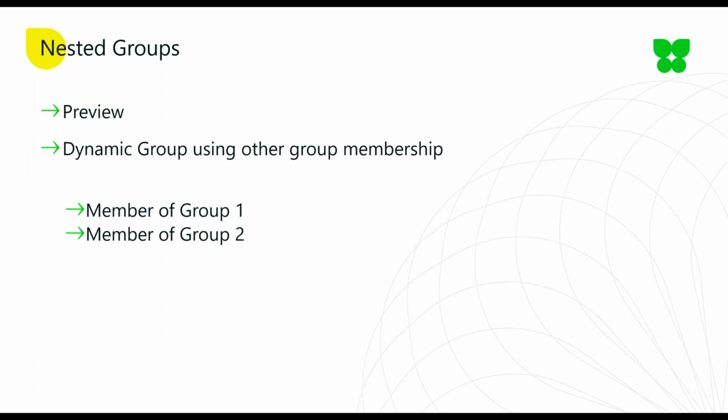But instead of saying, I want this to be people who are in department IT, we actually say, I want this to be users who are a member of, and we name the group. So group 1 here and group 2. And we do this using a dynamic query.